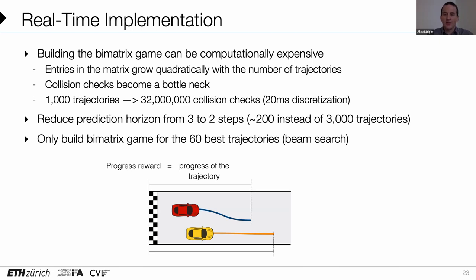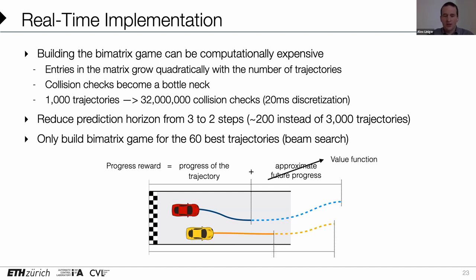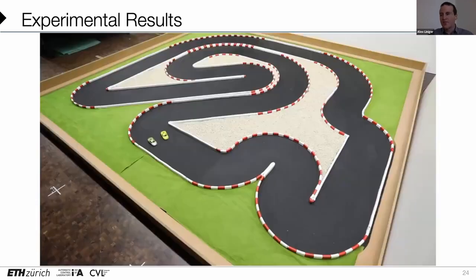And we did this by using an approximate future progress, or in other words, a value function. So we gave each trajectory, again, an approximate progress it will make from this state in the next half a second. Okay, and with this modification, we were then able to implement this.